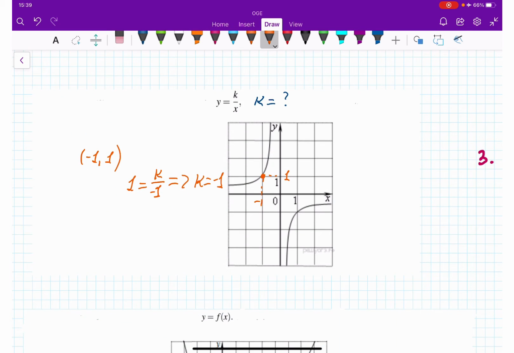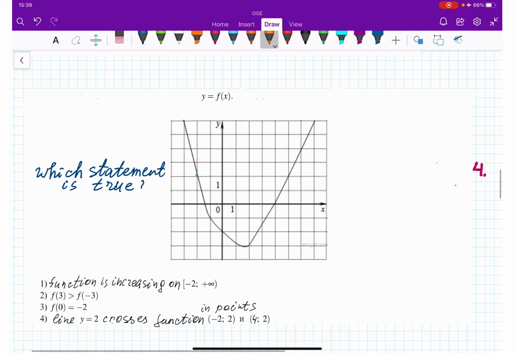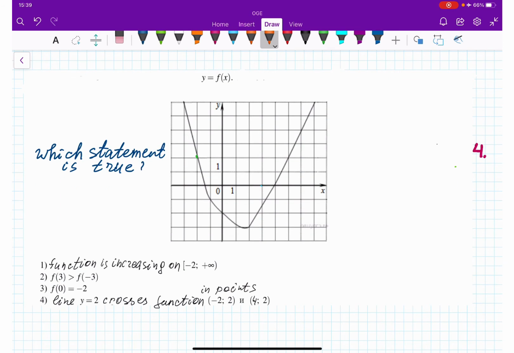Moving to question number 4. All right, here we have statements and we need to find if they are true or false. So here we have function f of x. We need to find if the function is increasing indeed. Statement 1: the function is increasing on the interval -2 to infinity.